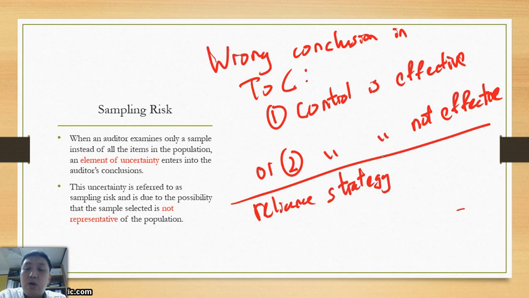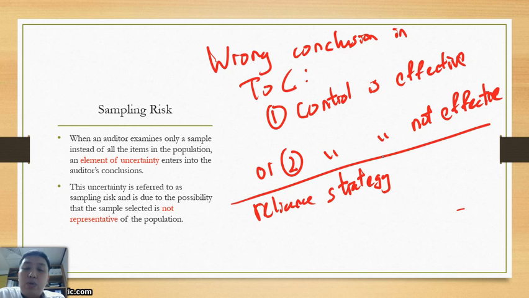Reliance strategy means auditors, because of his wrong conclusion that control is effective, is now wrongly relying on control to reduce his substantive test. Because of his reduction in substantive test, auditors may then fail to discover material error such that he ended up with the incorrect or inappropriate audit opinion.